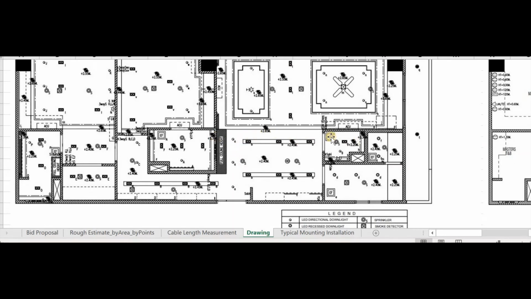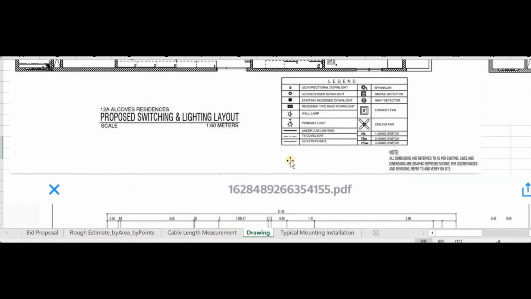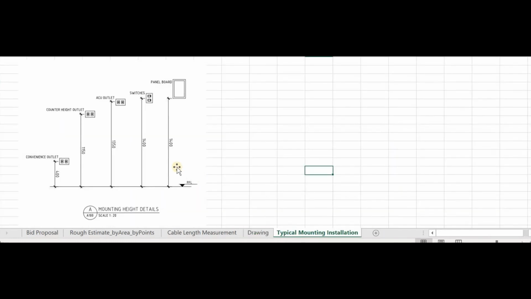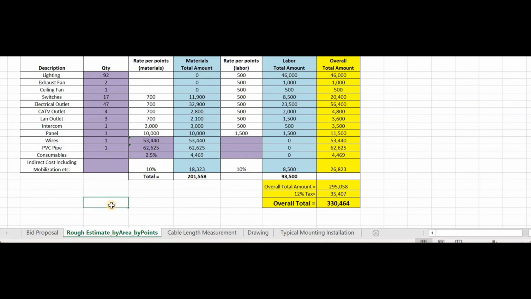Maybe some are higher than 8 meters, but some are lower than 8 meters. So the average is 8 meters. For the typical installation, I also have it here. So it's all up to you on how to prepare the wire length or the cable length. Anyway, this is just a guide.